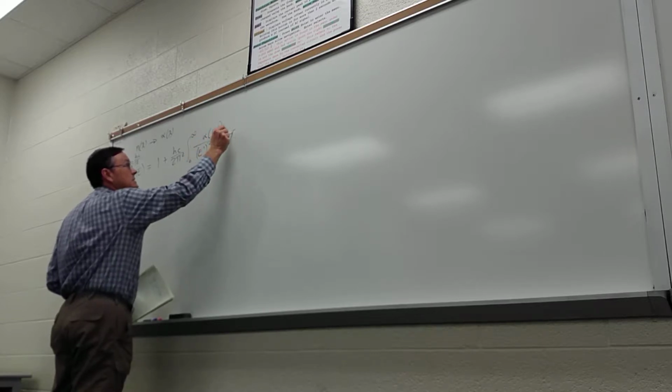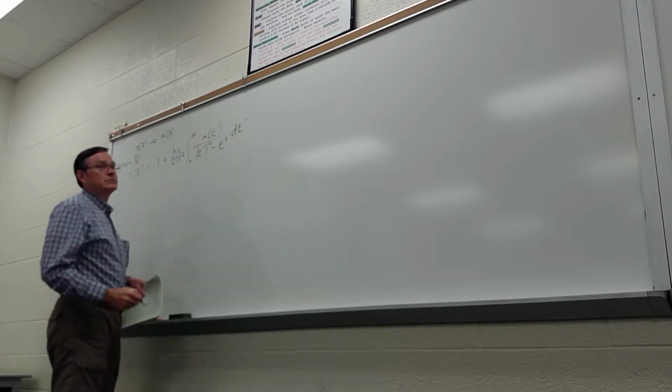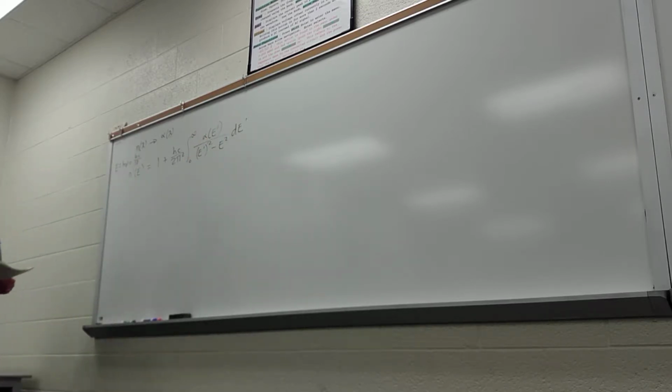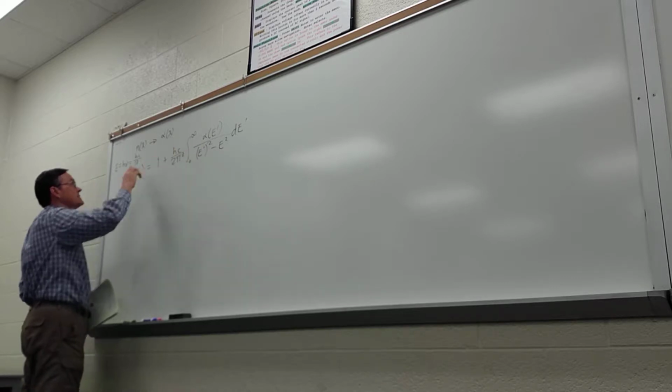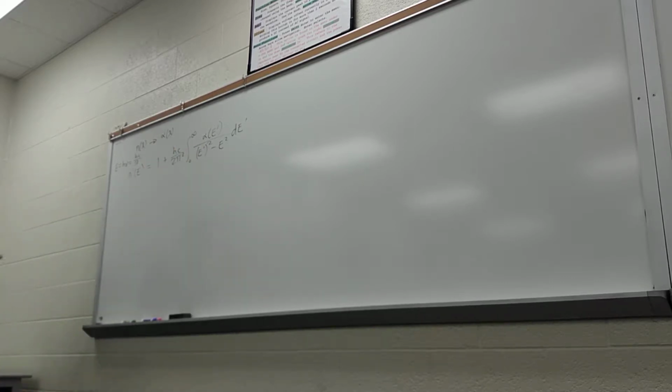The prime is the integration variable. Basically, if we measure the absorption coefficient, we can calculate this integral and get the refractive index. That's a very handy thing to be able to do.